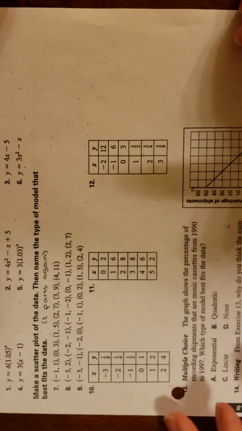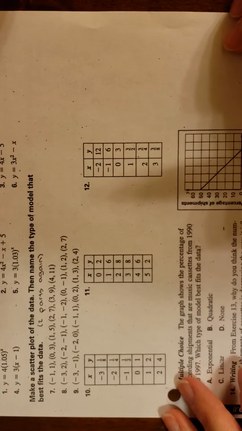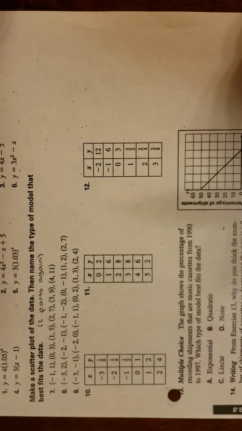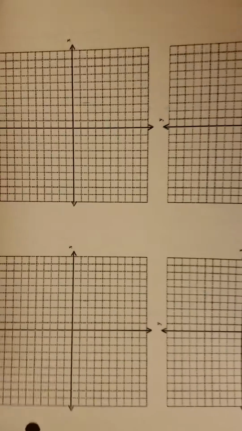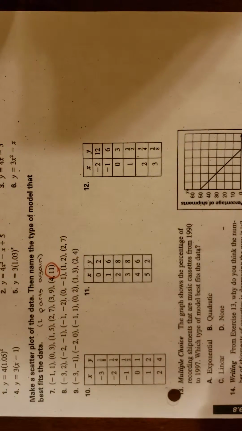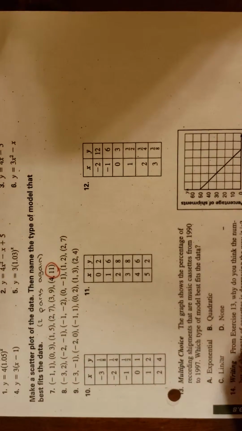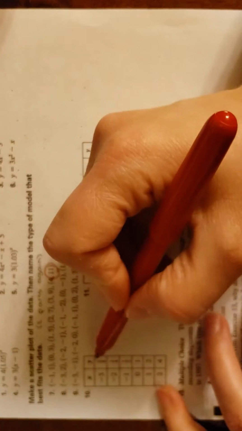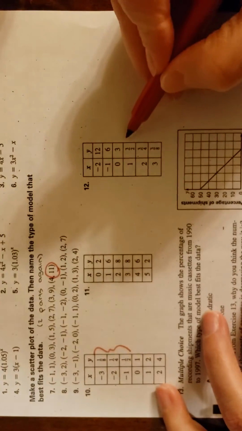Okay, for 7 through 12, you will need to graph those on a coordinate plane. Here's your coordinate plane. Make sure you number them clearly. Just be aware that every so often you will have coordinates that go off the plane a little bit. Also, here are some fractions.